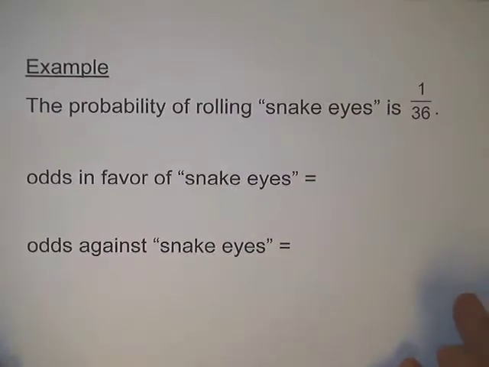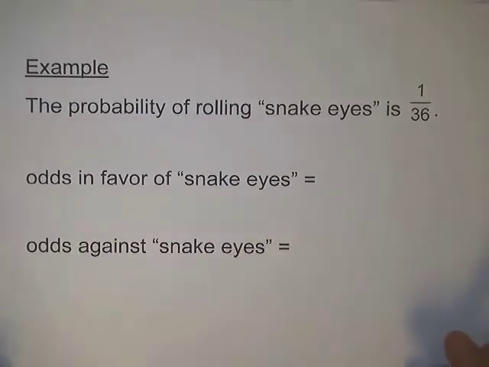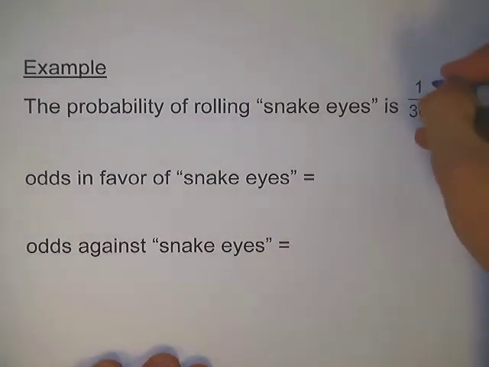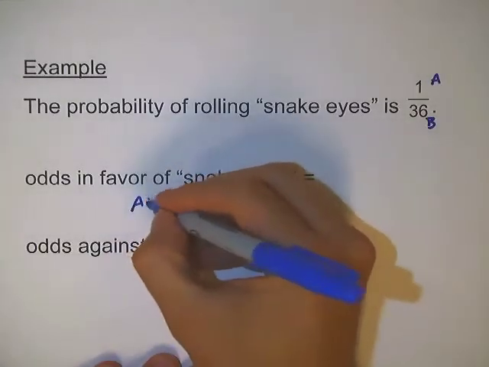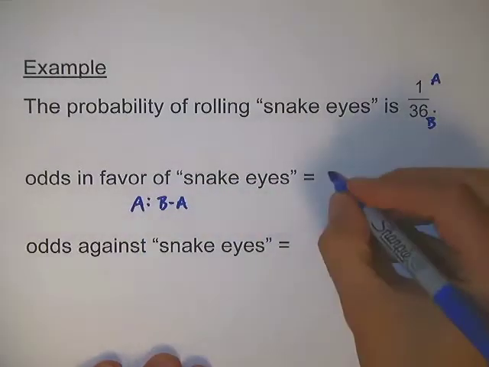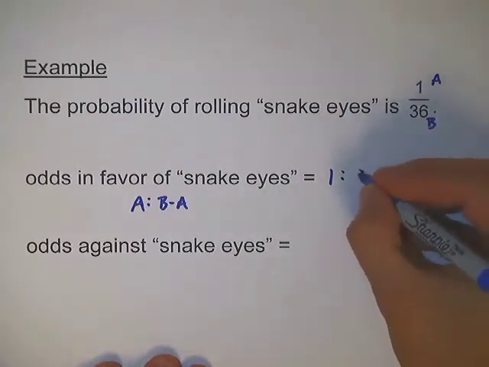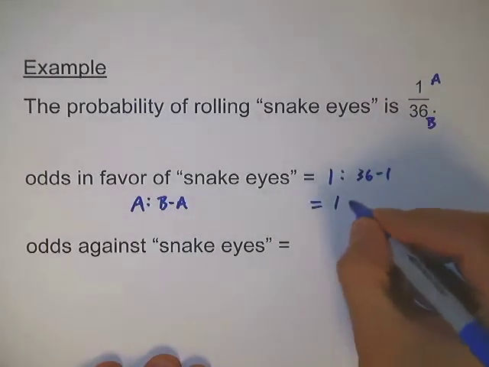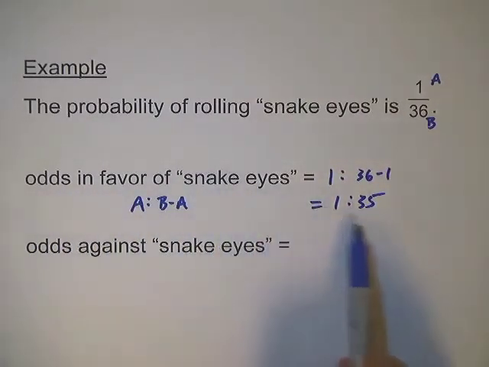Now let's figure out how they calculated those odds for our snake eyes example. If the probability of rolling snake eyes is 1 out of 36, remember that this is A and this is B. For odds in favor, that's A to B minus A. A is 1 and B minus A is 36 minus 1, so the odds in favor of rolling snake eyes are 1 to 35.